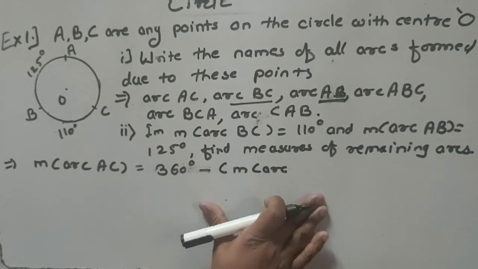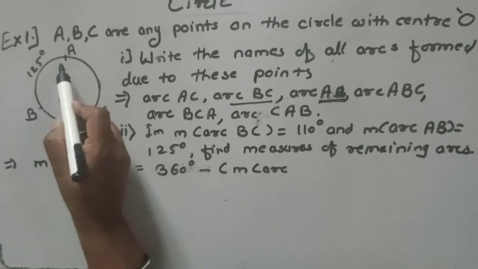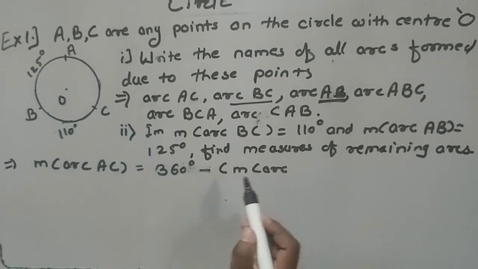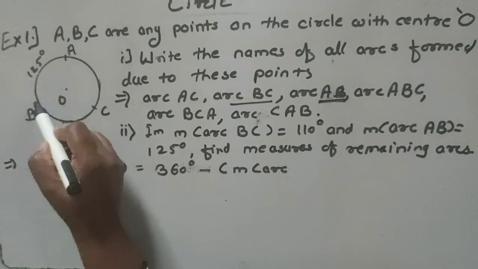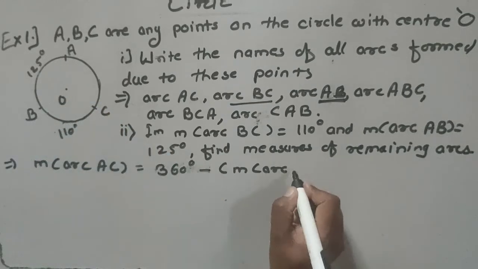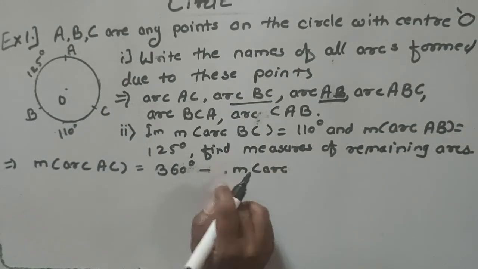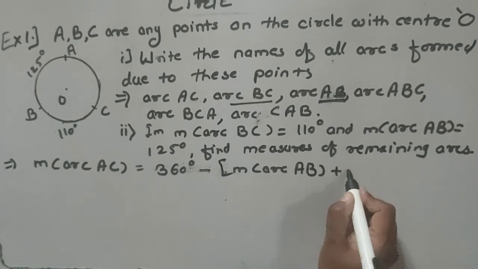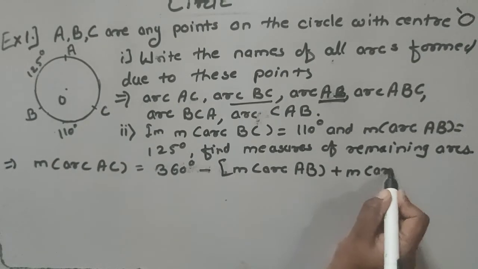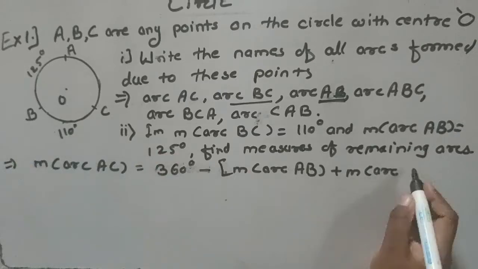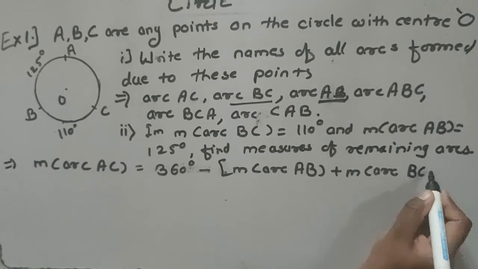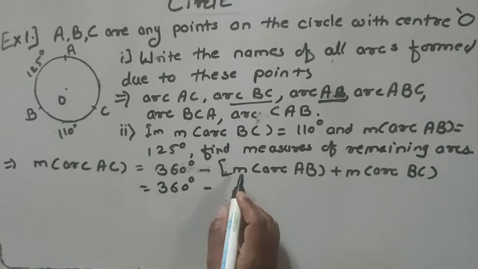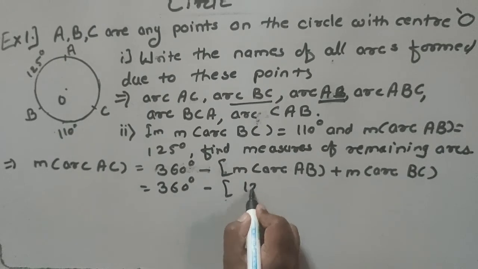We can write in a different way also, but if we first find the measure of ABC, then we can easily subtract. Otherwise, write 360 minus measure of arc AB plus measure of arc BC.